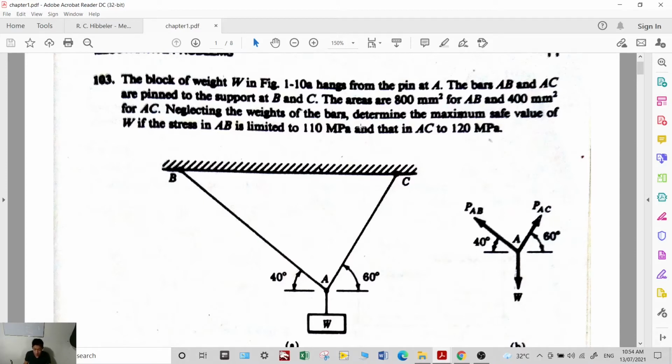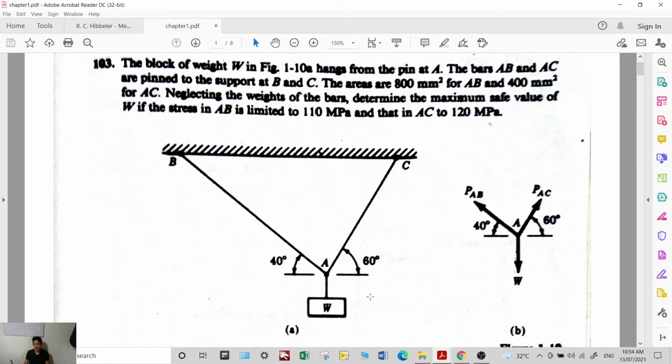Neglecting the weights of the bars, determine the maximum safe value of W if the stress in AB is limited to 110 megapascals and that in AC to 120 megapascals. So we are asked to find the maximum weight so that bars AB and AC will not fail.